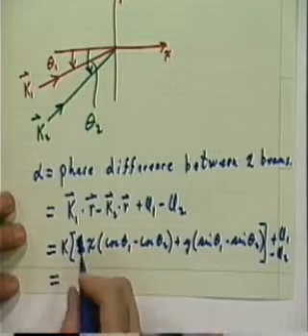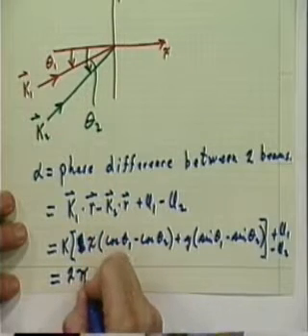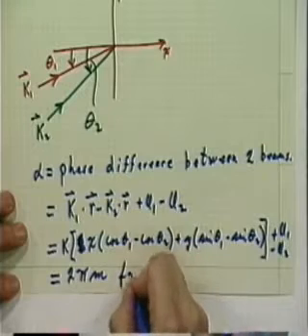And for a bright fringe, whatever this mess is, that's equal to 2 pi times order number m for a bright fringe.